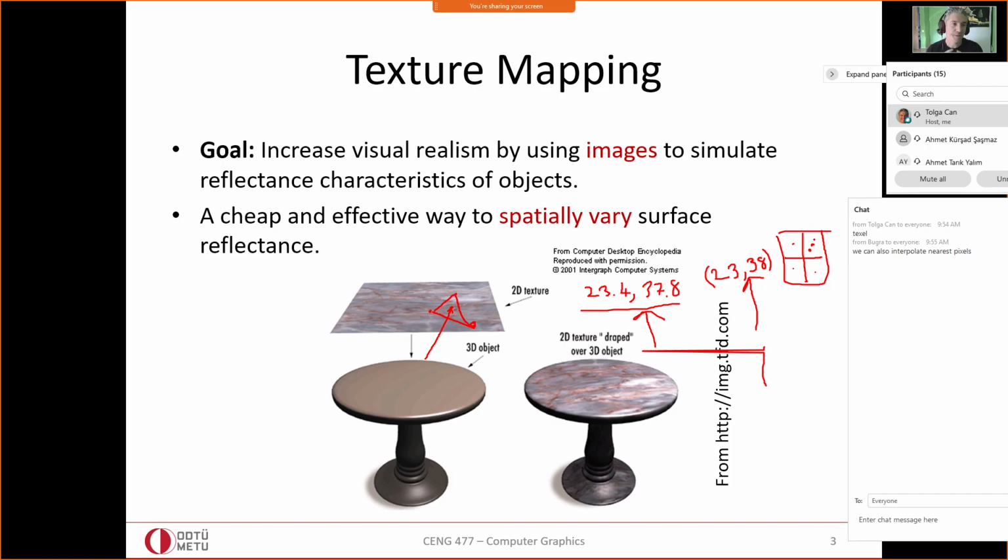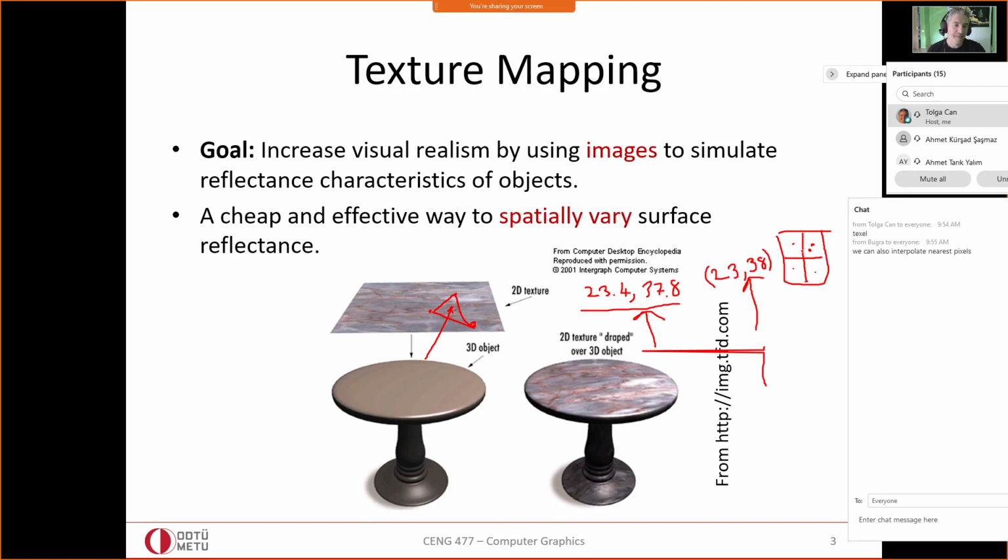So we can use some kind of blurring, some kind of averaging with the neighborhood pixels. These are the two algorithms we'll see. The first one just rounds the interpolated real-valued texture coordinates. If we round them, this is called the nearest pixel method. When we use interpolation of the neighboring pixels, it's called bilinear interpolation.